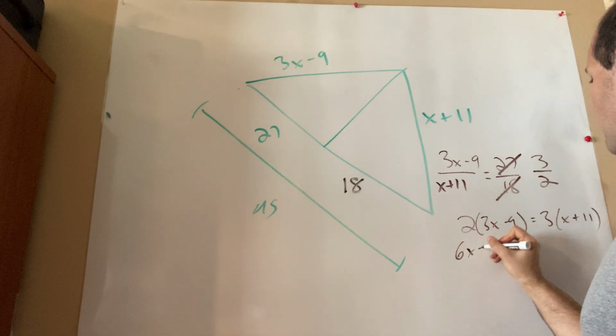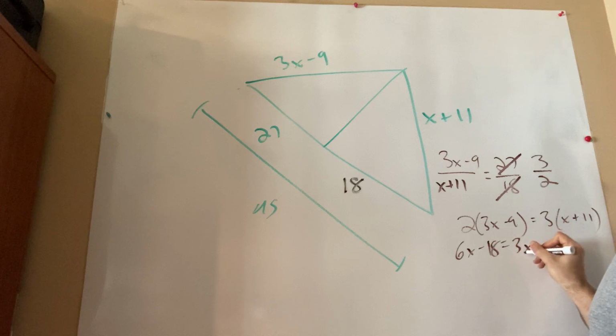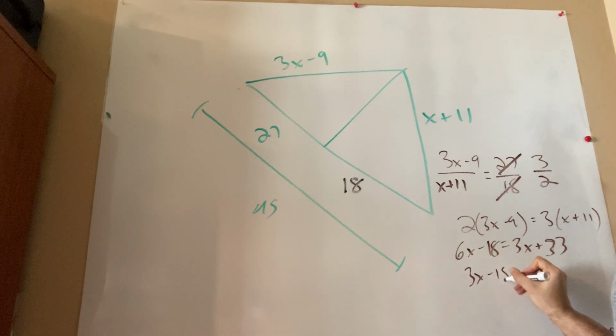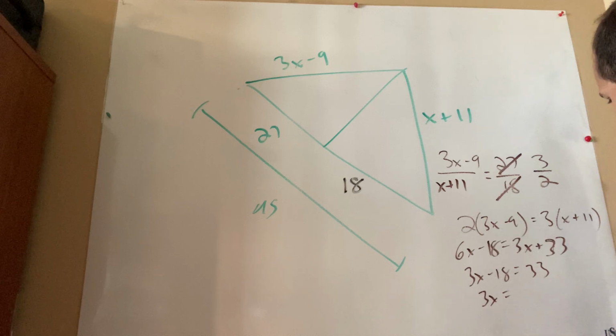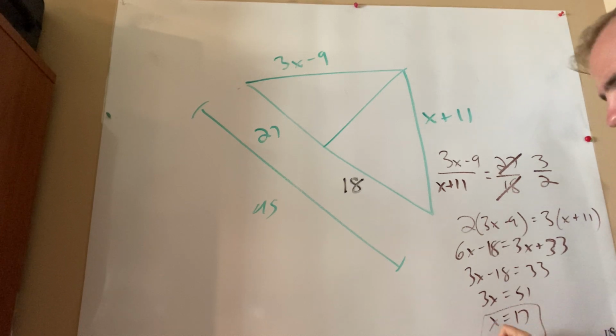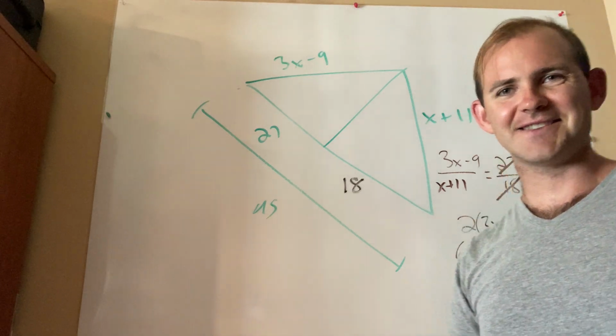From here, most of you should be pretty comfortable using the distributive property. Subtract 3x from both sides. Add 18 to both sides. I think it's going to be 51. Divide by 3. And x is 17.